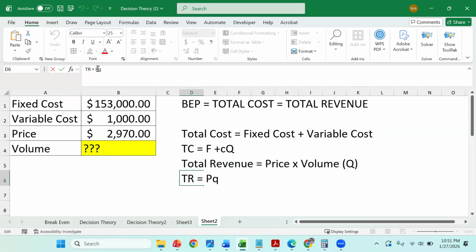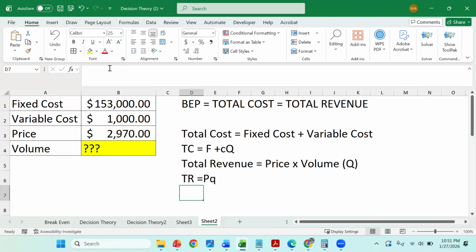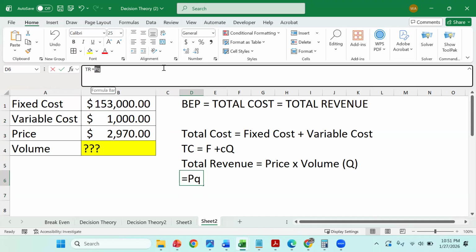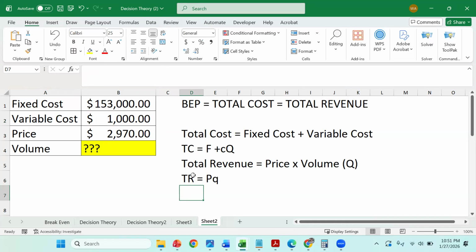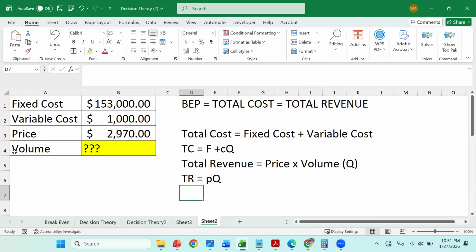Let's start off with the algebraic approach.